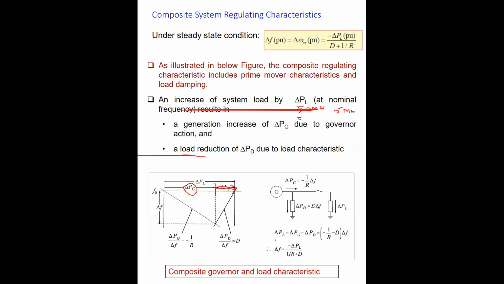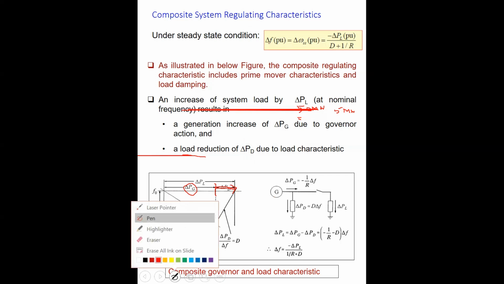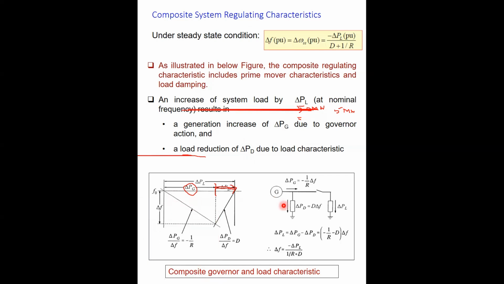The same thing is explained here. So you have the generation, and the generation change in the power will depend upon the two characteristics here. What was the delta P and what was the delta F here? Delta F and delta P will correspond to the speed characteristic here. So this will be the change in the power from the generator side.